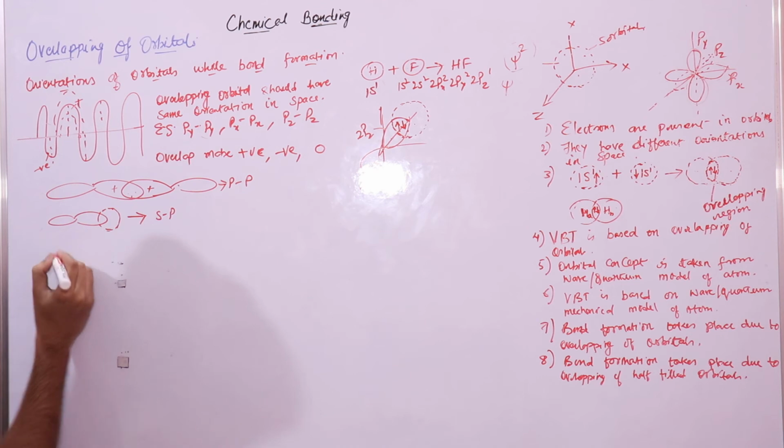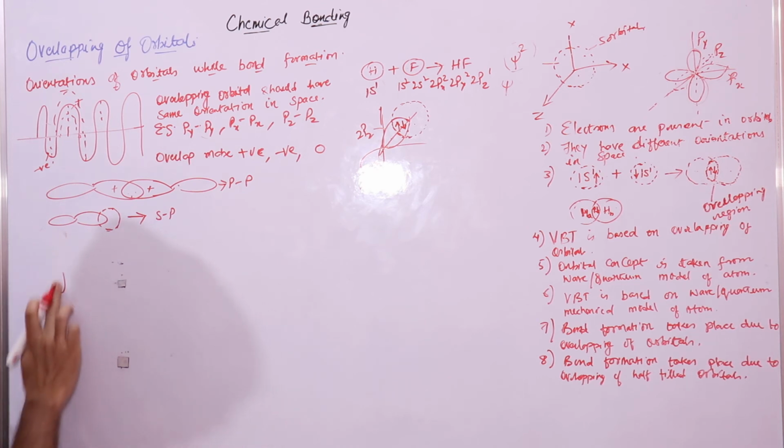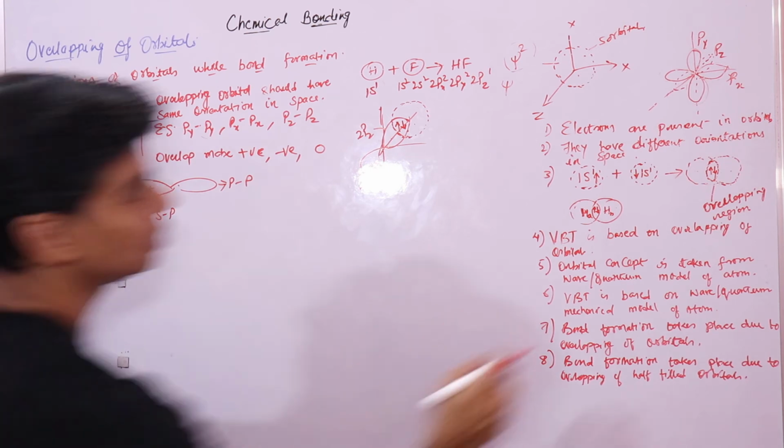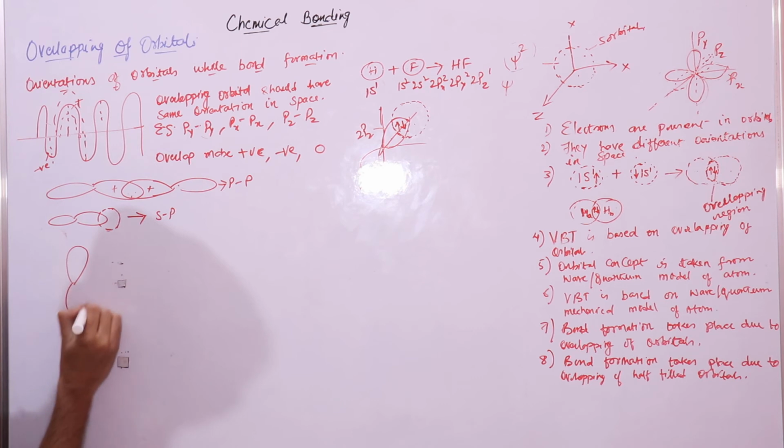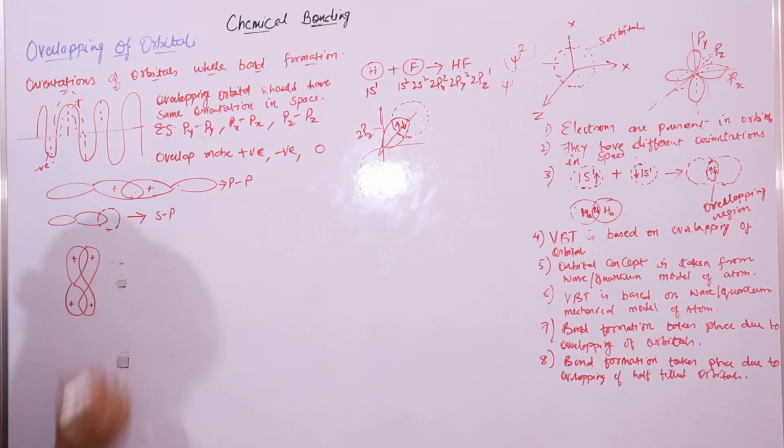Similarly, suppose we take two py orbitals. This is again positive overlapping.